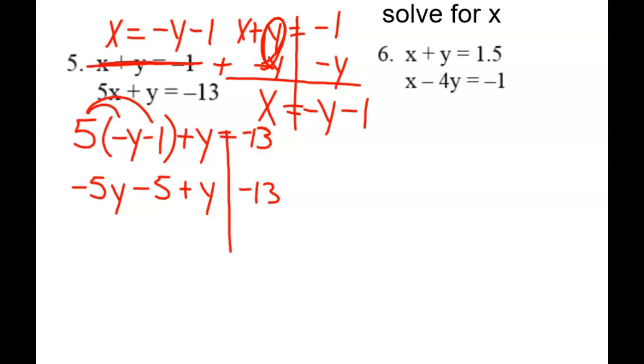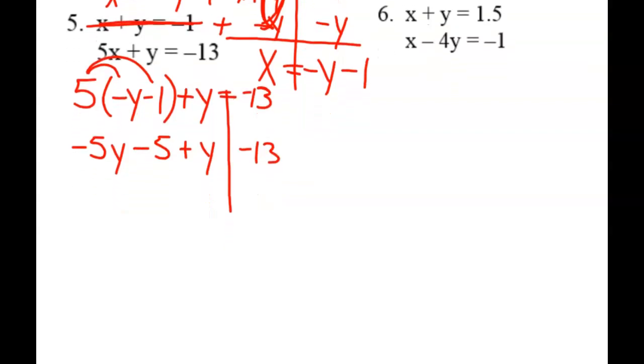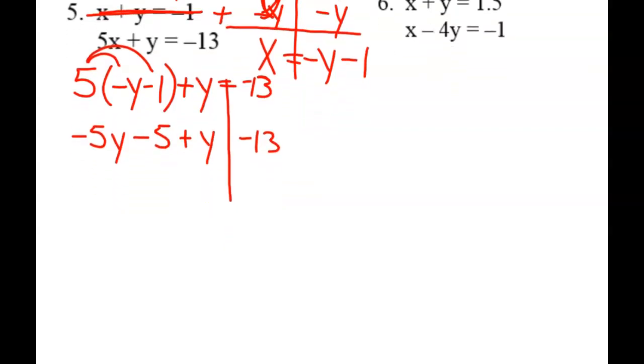Okay? Do we have any like terms on the left side? Yes. What are they? Negative 5y and y. How am I going to combine those? By adding, because there's a plus sign there.